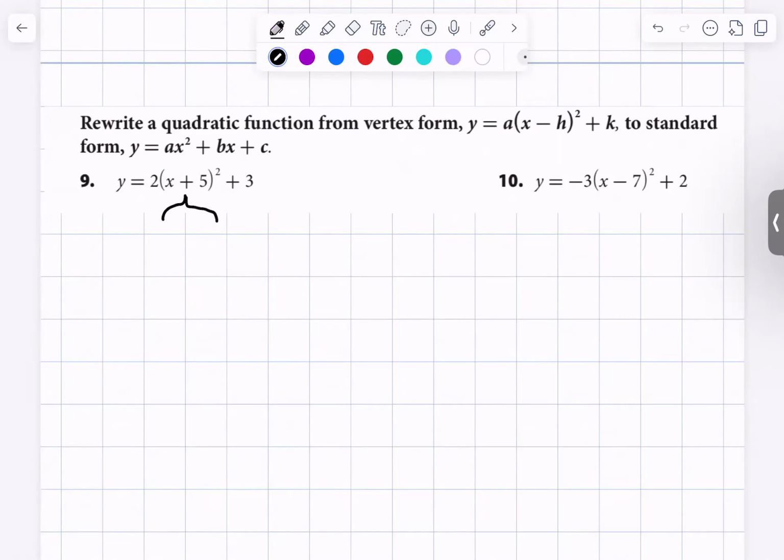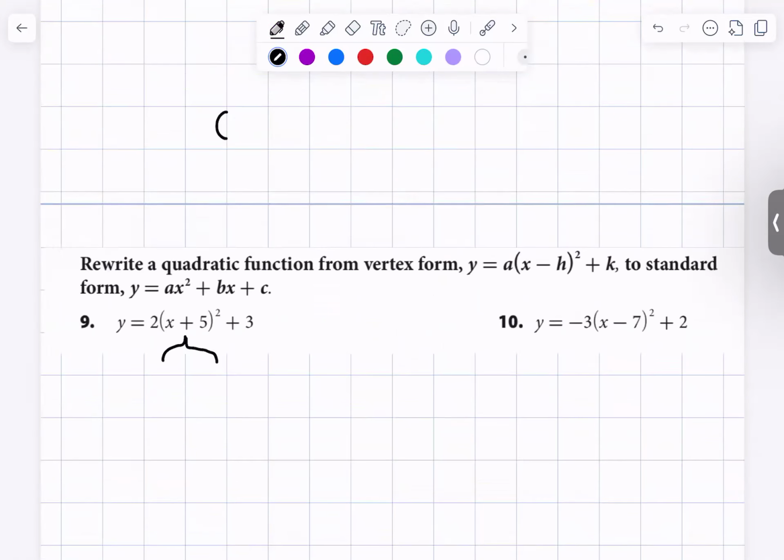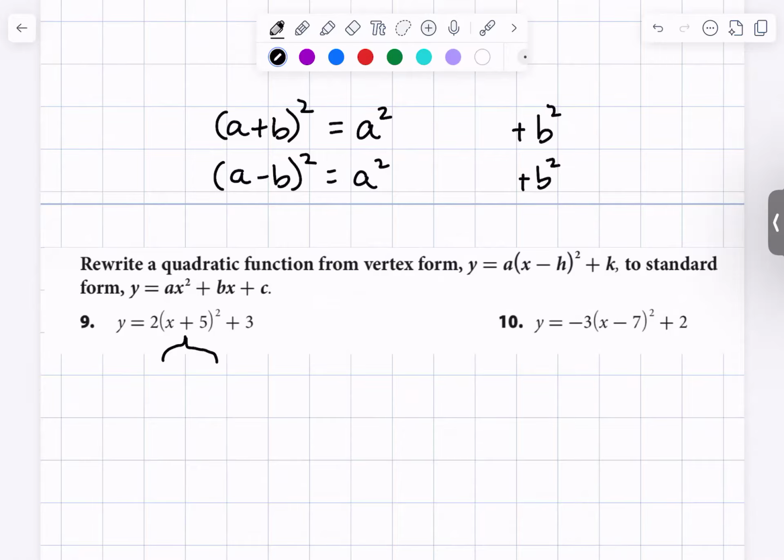the special form? Remember the special forms, a plus b quantity squared and a minus b quantity squared. The first term will be the first term squared. The last term will be the last term squared, the positive version of that.